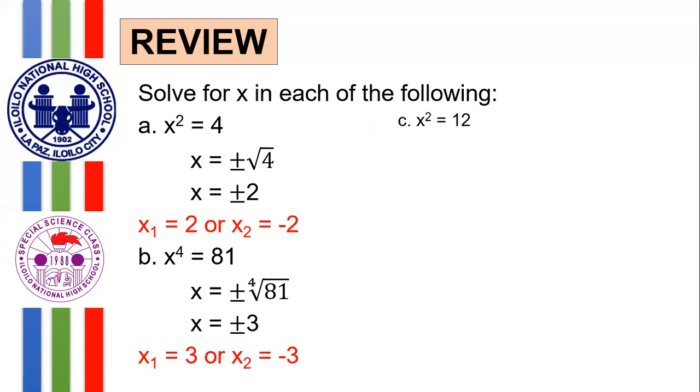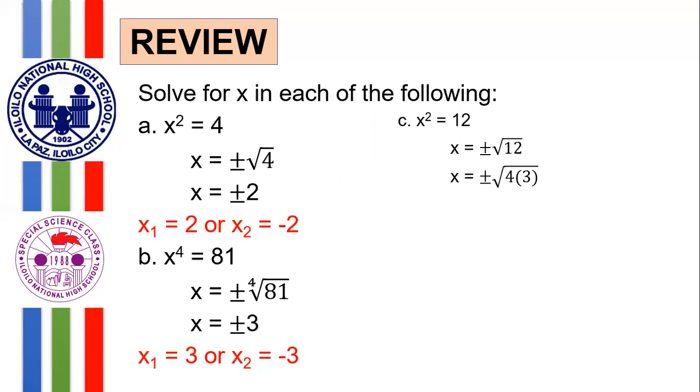Letter C. How about if you have x squared equals 12? Applying the said concept again, you have x equals plus minus square root of 12. But 12 is not a perfect square, but it has a perfect square factor, the largest of which is 4.